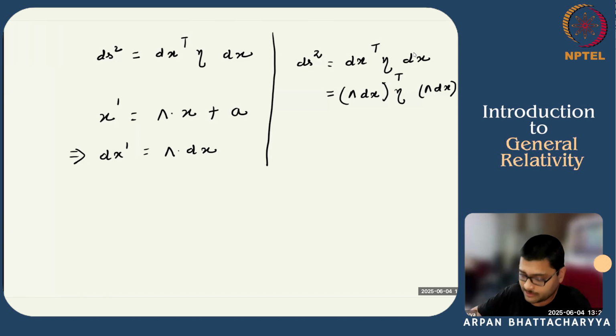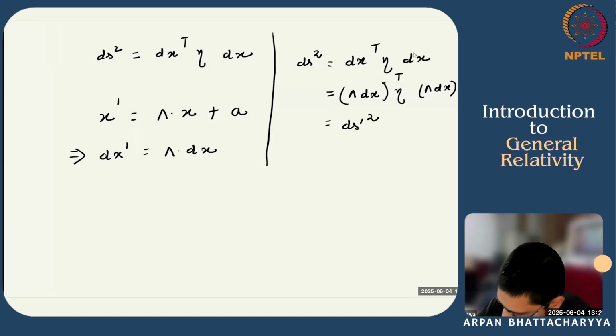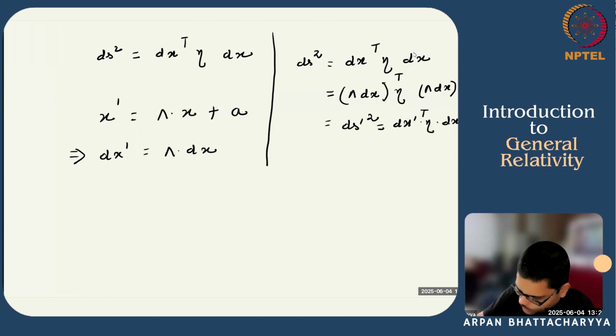They should be equal to each other. This line is nothing but the prime line because this is ds prime square, which is dx prime transpose eta dx prime. So now if you compare these two, the metric is invariant.